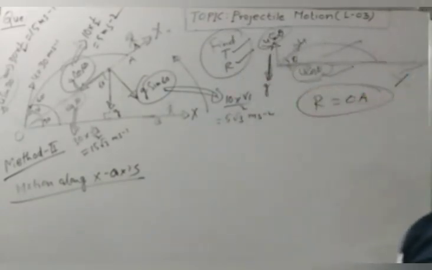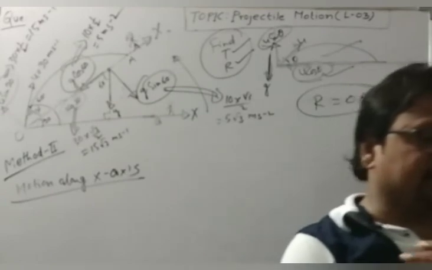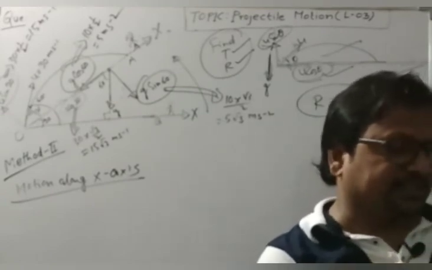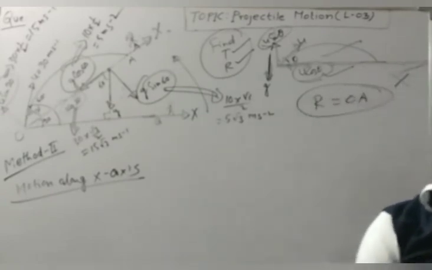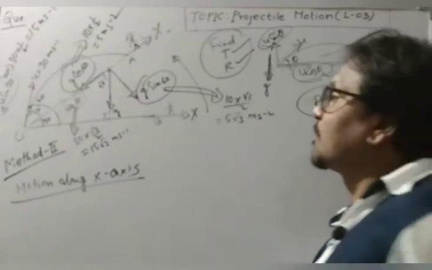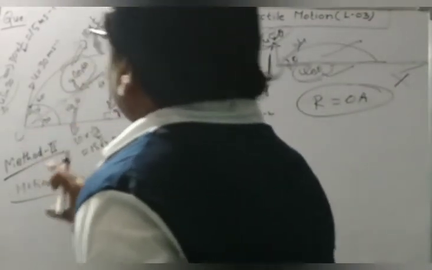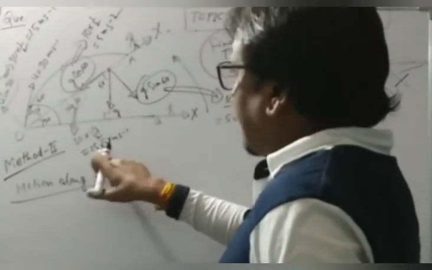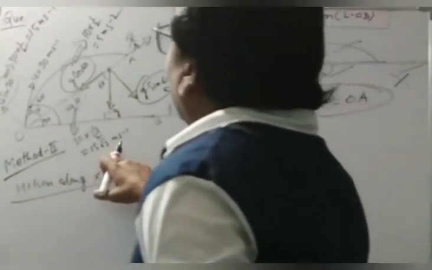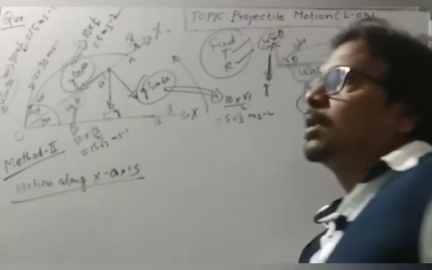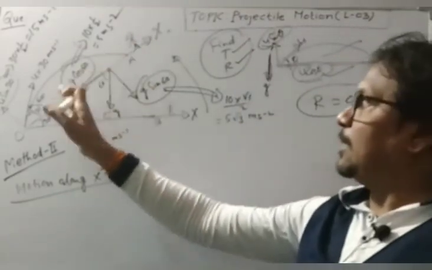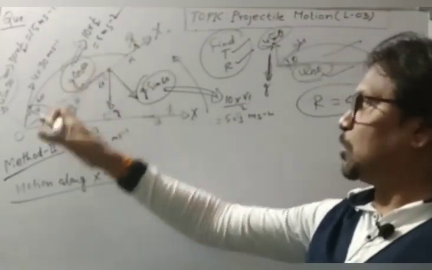So for motion along the x-axis, what will be there? Velocity is u, that is 15 root 3, and there is acceleration opposite to this velocity.